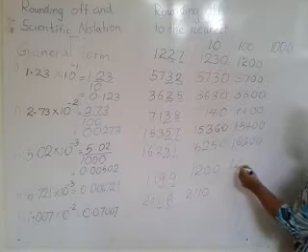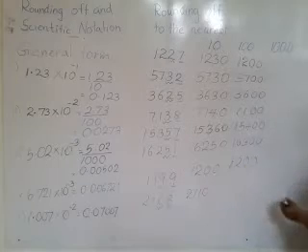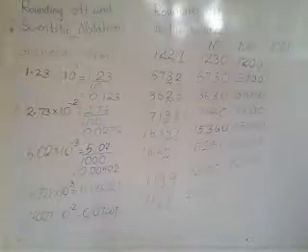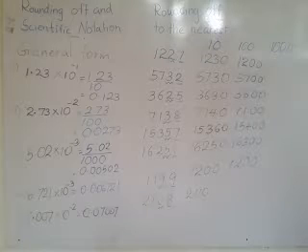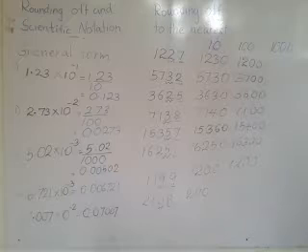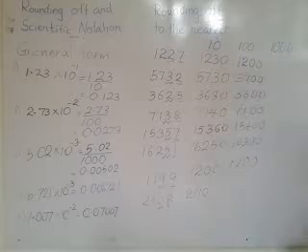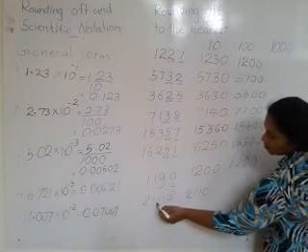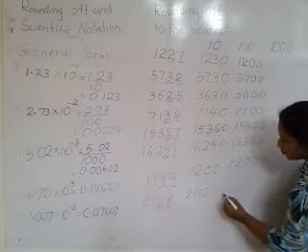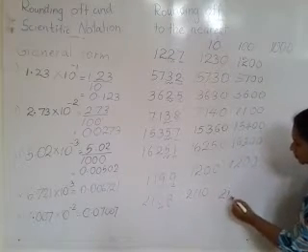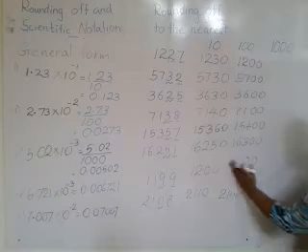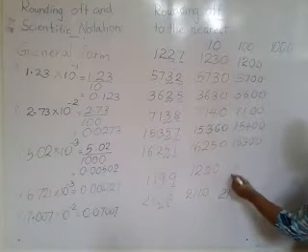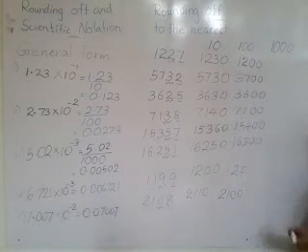It becomes 12 and 2 zeros. And the last one, 0, no change, 21, 2 zeros, double zeros.